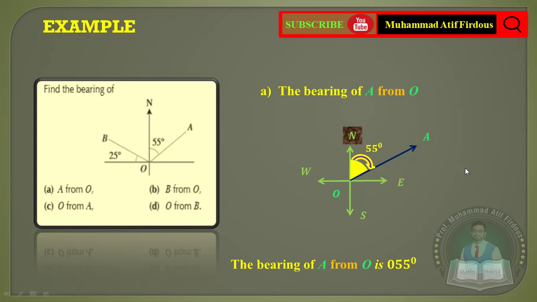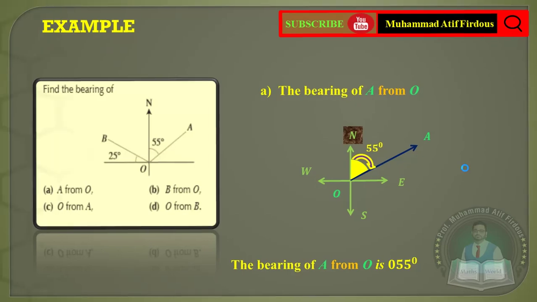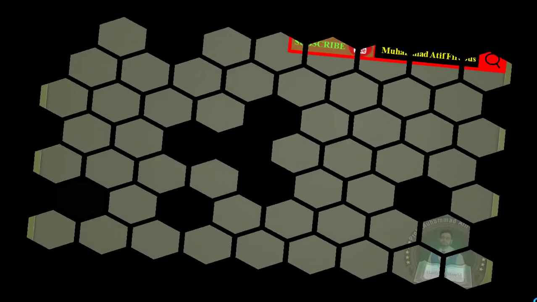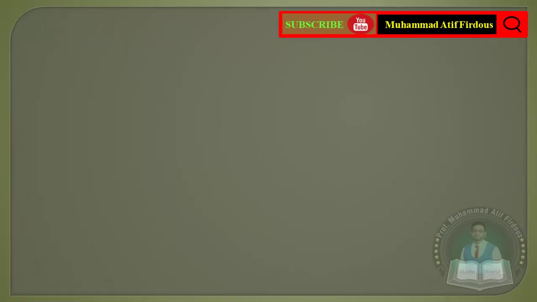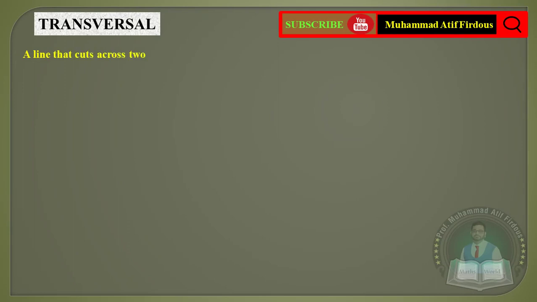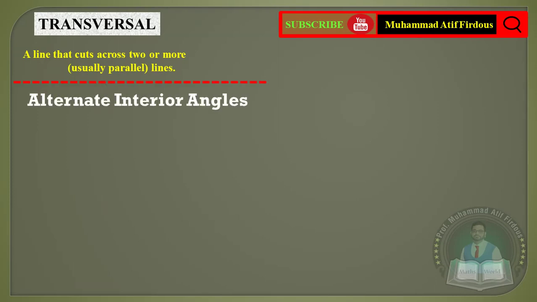Okay. Now we have to know some basic language, some basic words which we are going to use in bearing. That is, what is a transversal? A line that cuts across two or more, usually parallel, lines is called a transversal.